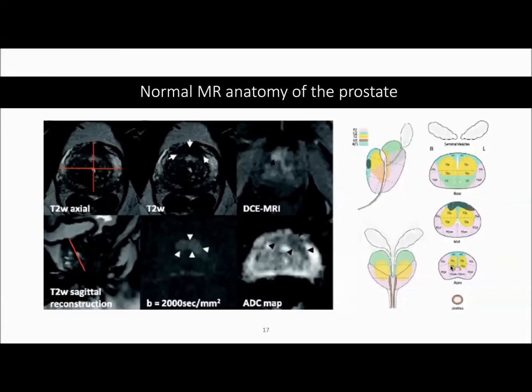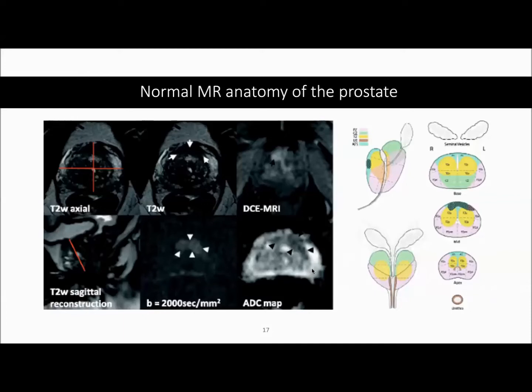Okay, so I would like you to focus on this picture on the left-hand side, and we have described the zonal anatomy. We have described the anatomy of the prostate in various parts, the base, the mid-zone, and the apex. And we know that because of the configuration of the prostate, at different levels, different zones are differentially represented.